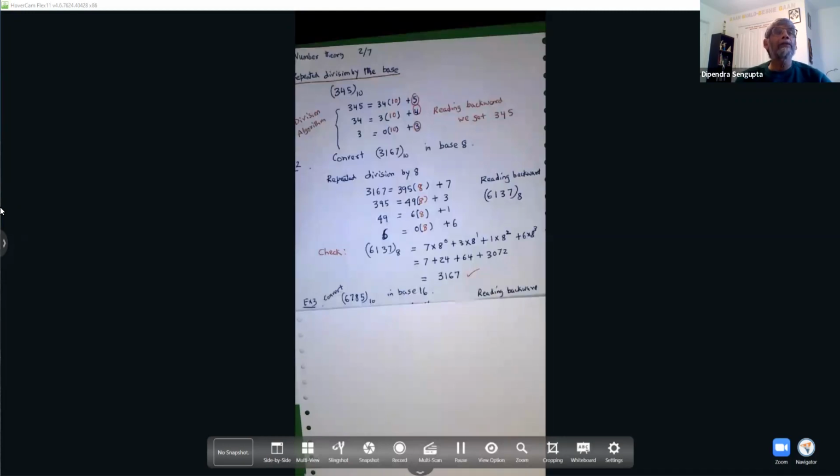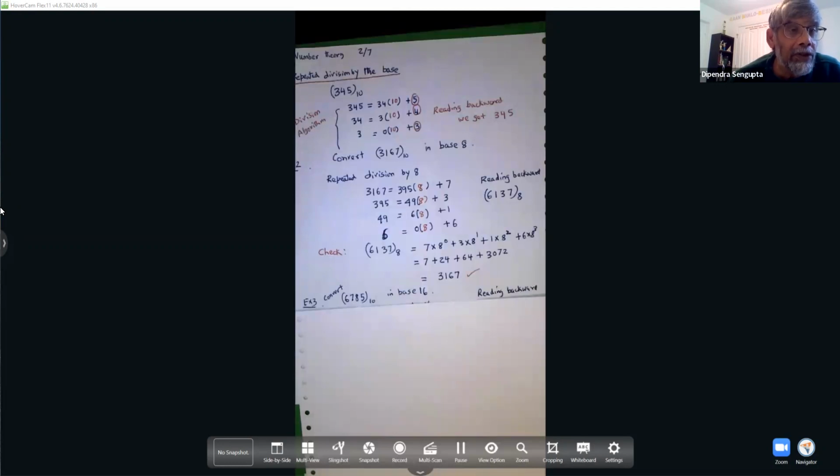This time I'm going to do it in base 16, which is called the hexadecimal number system. If you are doing base 16, how many digits will you have? Whatever the base is, that will be the number of digits, right?